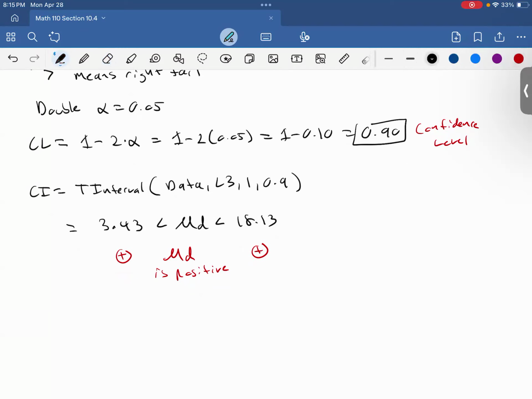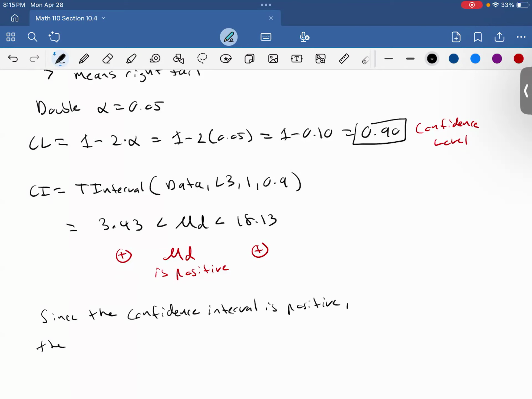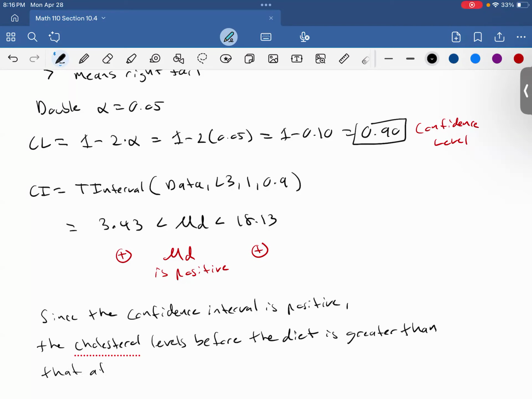So let me just go ahead and write that final statement. Since the confidence interval is positive, the cholesterol levels before the diet are greater than those after the diet.